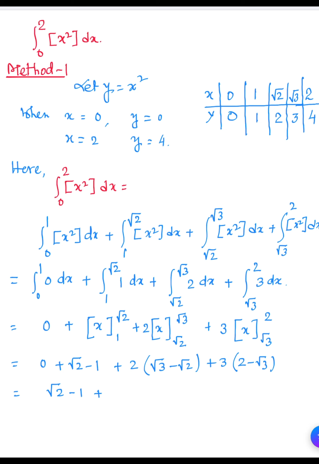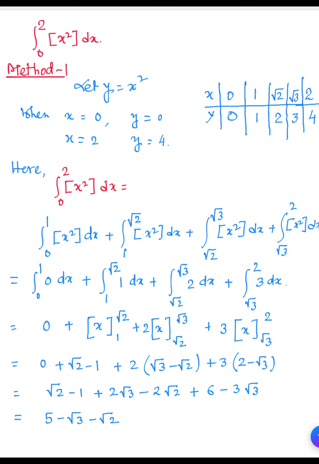That is root 2 minus 1 plus 2 root 3 minus 2 root 2 plus 6 minus 3 root 3, which equals 5 minus root 3 minus root 2. So this is the answer.